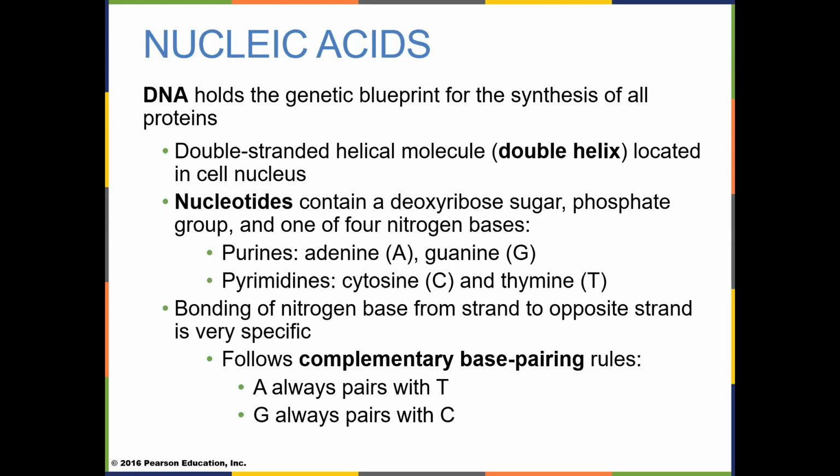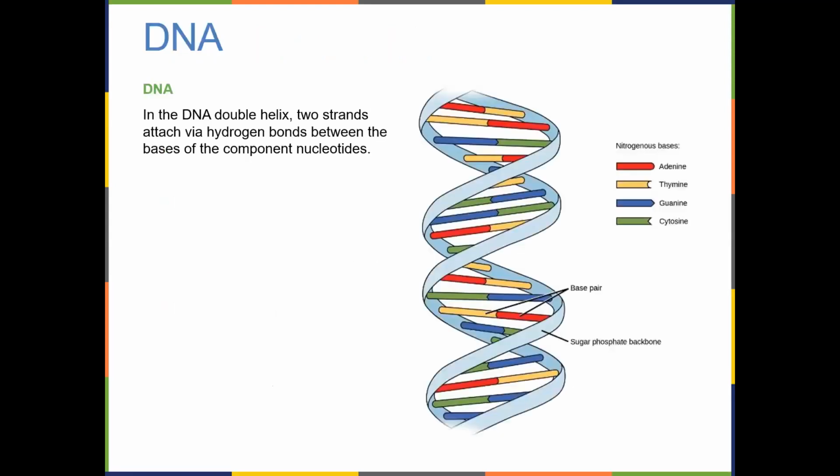But adenine will always pair with thymine, and guanine will always pair with cytosine, always, unless there's a mistake. But the mistake rate, as I said, is about 1 in a billion. And that's usually before we fix it. So the nitrogen bases in DNA: adenine pairs with thymine, guanine will pair with cytosine.